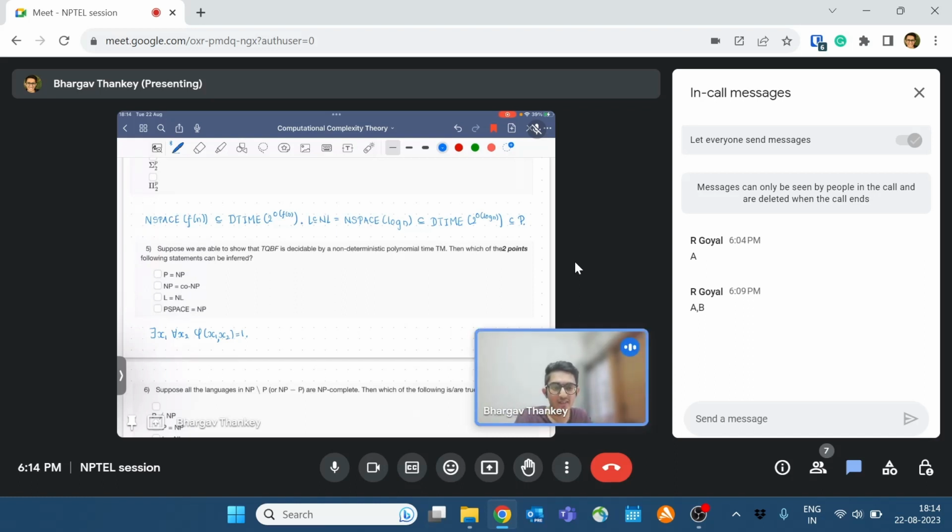So what does SAT mean? Phi would be in SAT if there exists x1, there exists x2, and so on, right? In particular, it is possible that phi is in SAT because 1, 0, 1 followed by all zeros is a satisfying assignment, but 1 followed by all ones might not be a satisfying assignment.